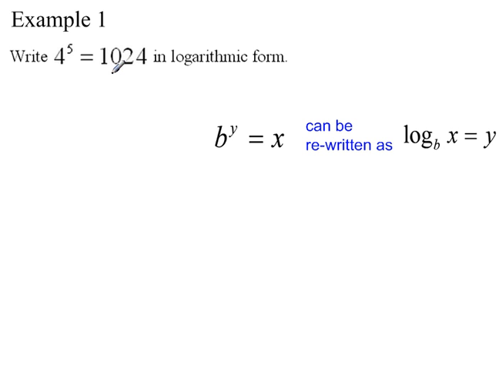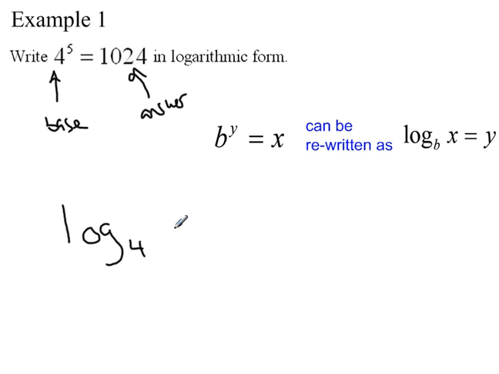So 4 to the 5th equals 1024 can be rewritten as log. Now the base is going to go here. The base is 4, and the answer is going to go here.